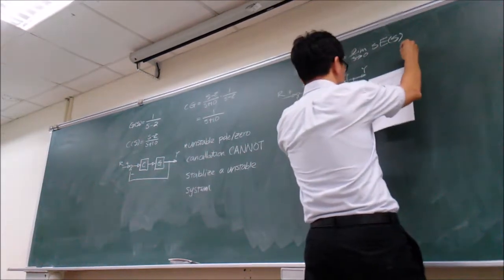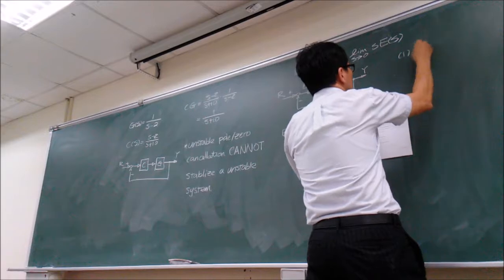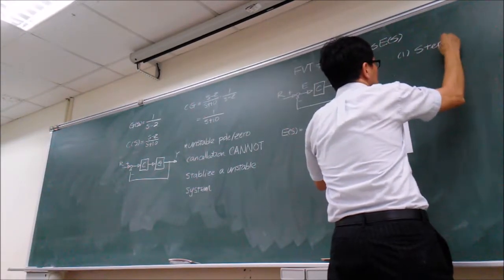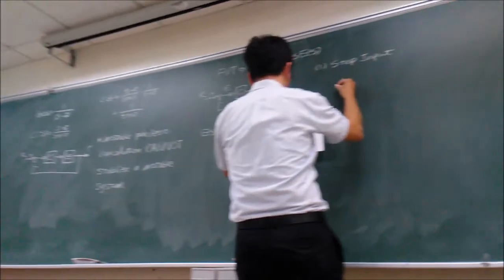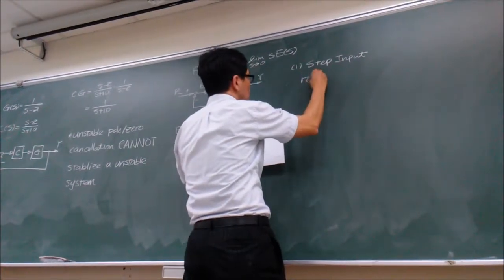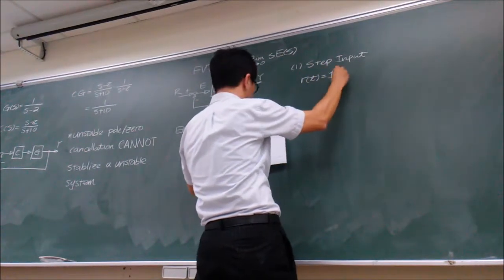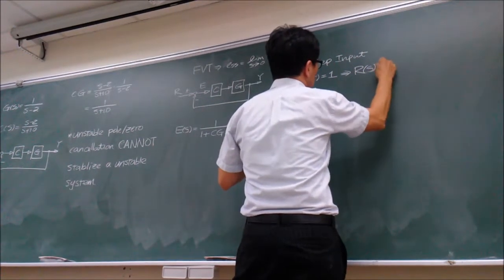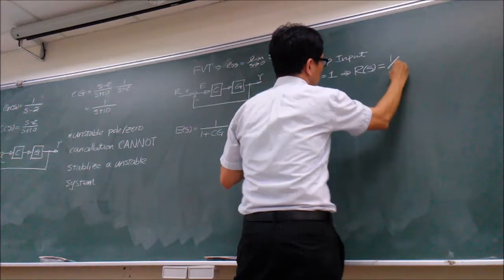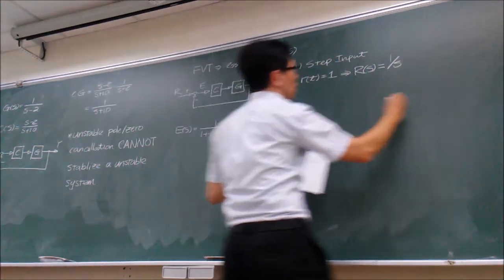The first one is the step input. R(t) equals 1, which becomes R(s) equals what? 1 over s.